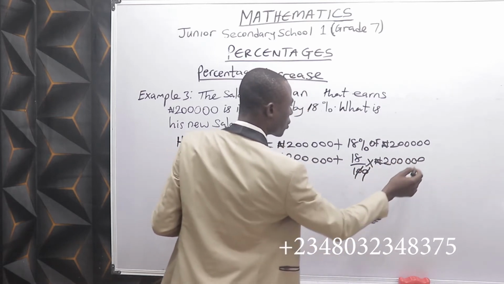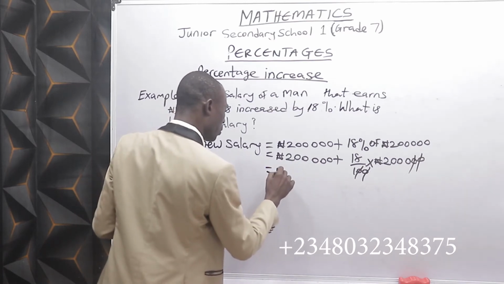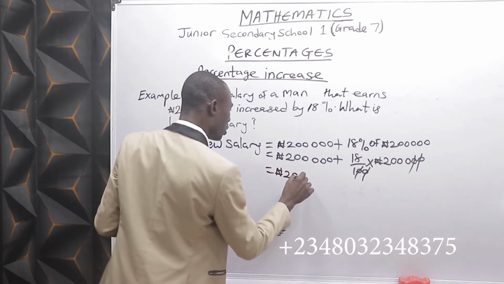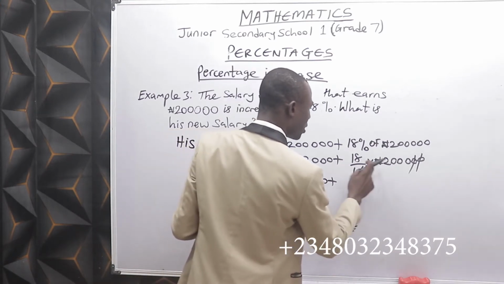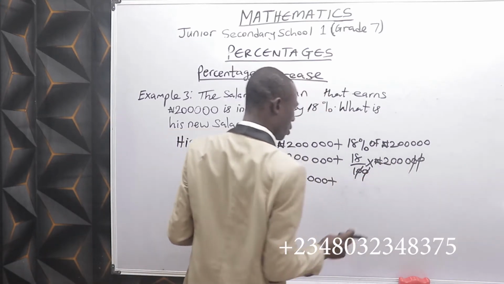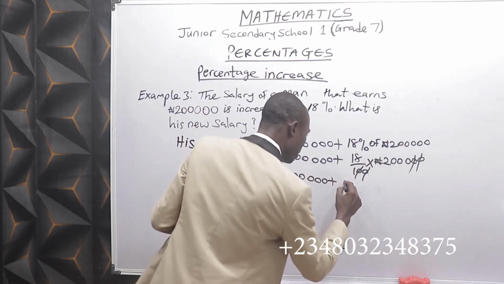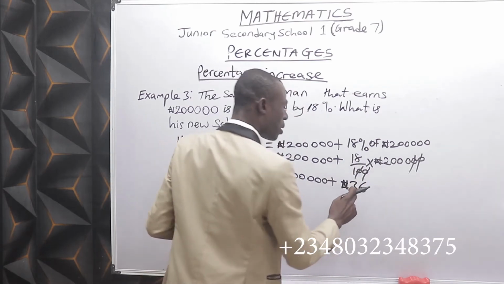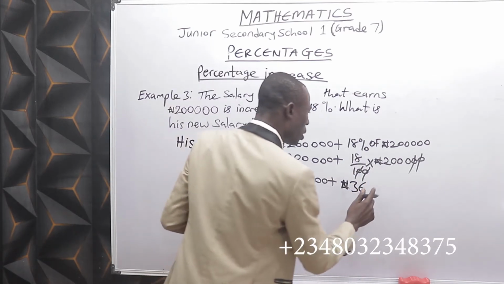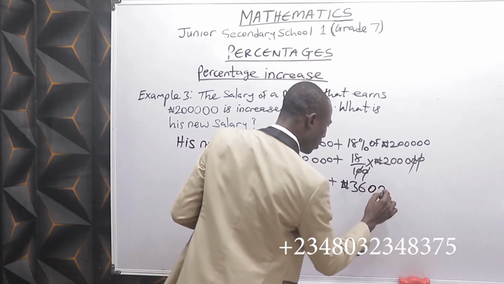This cuts this, as you can see. So we have 200,000 plus 18 times 2,000. You take the 2 to multiply 18 to get 36. 2 times 18 gives 36. That 36, put the 3 zeros at the back of it.